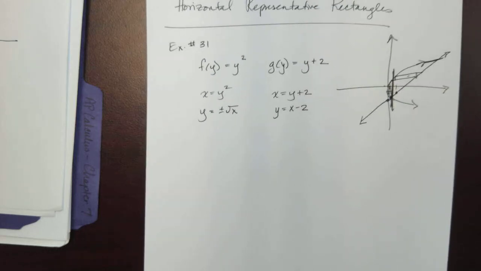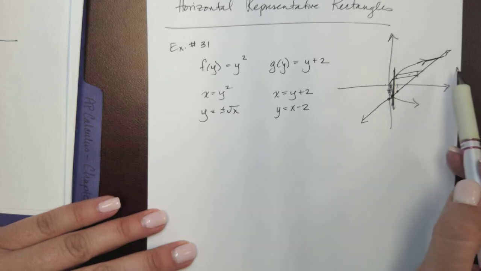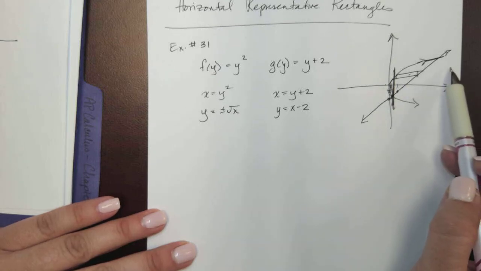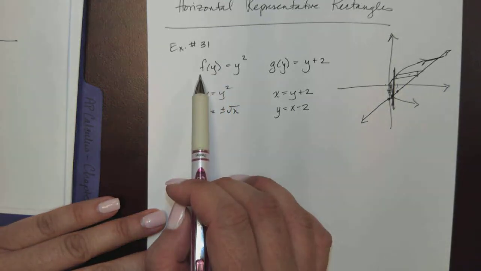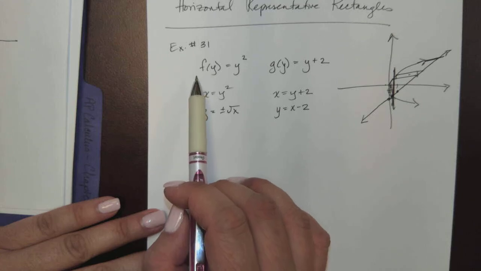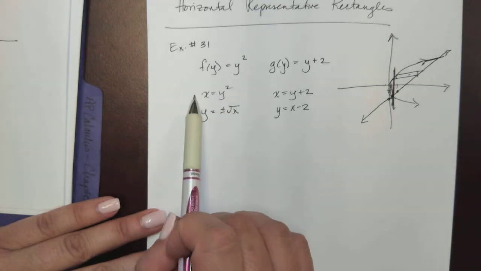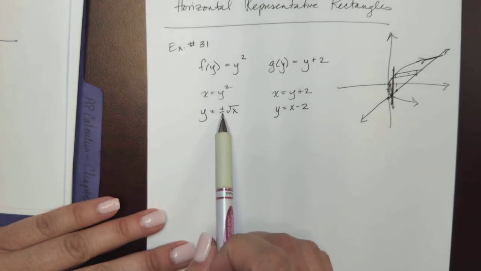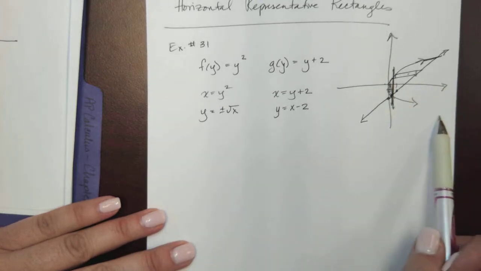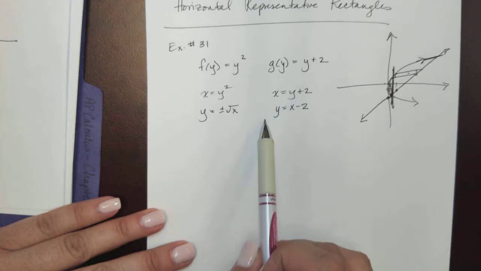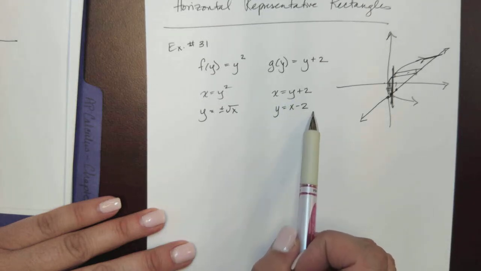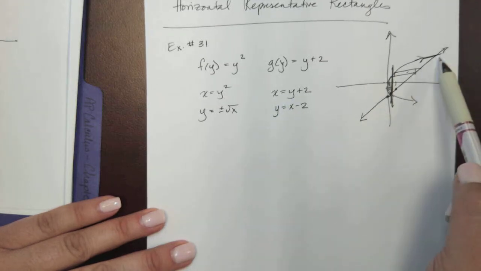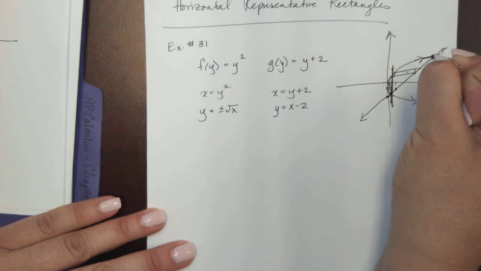Okay. I'm sorry. Do you understand how we graphed the two functions? Okay. I was writing on the other stuff, so I didn't see it. Okay. This is a parabola on its side. X equals y squared. Or y equals plus or minus square root x. Right. Parabola on its side. This I can solve as y equals x minus 2. Graph the line. They intersect here and here.